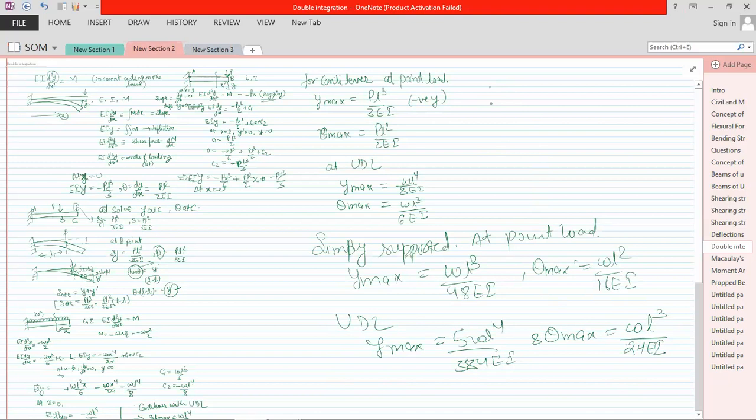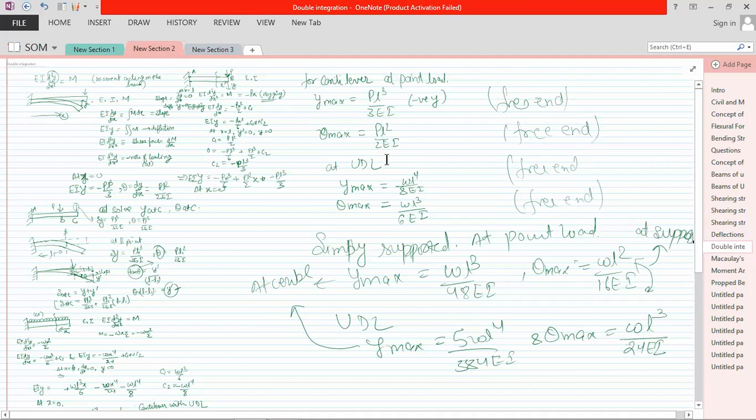So what are the locations? For the cantilever, the maximum is at the free end, in all cases. In the simply supported case, the deflection maximum is at the center, and the slope maximum is at the ends, at the supports.